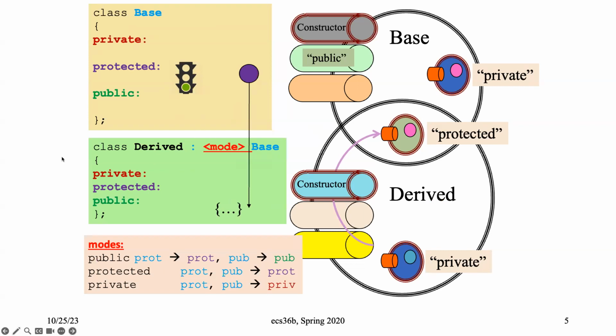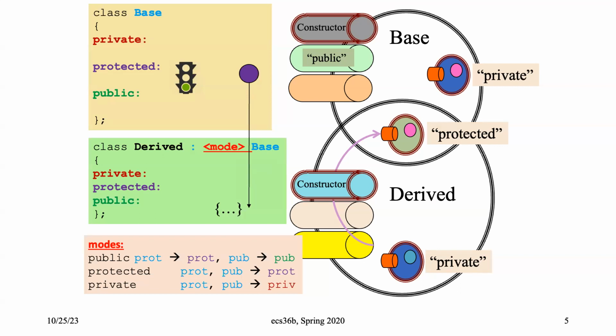You see here, when you do single inheritance, you can say class derived, after the colon. Last time we just said base, in our example GPS. But between the colon and the base, you can insert what we call a mode. This mode has three possibilities. The mode could be public, the mode could be protected, and the mode could be private.